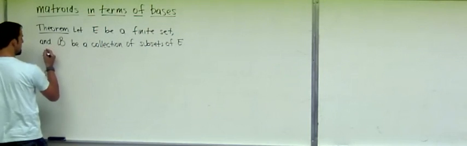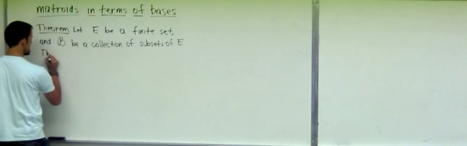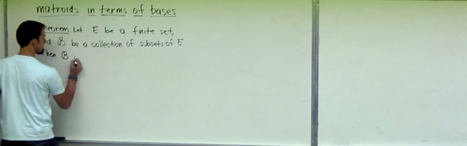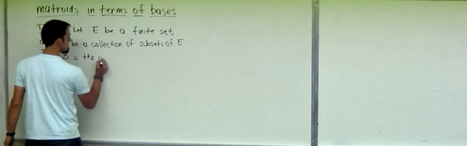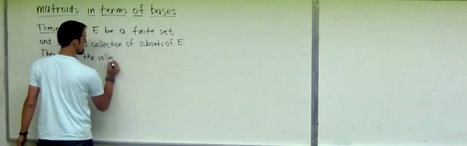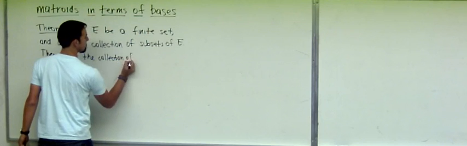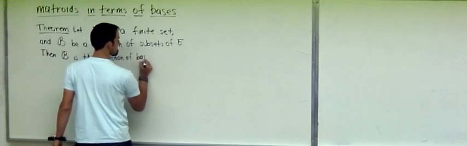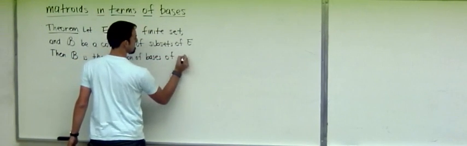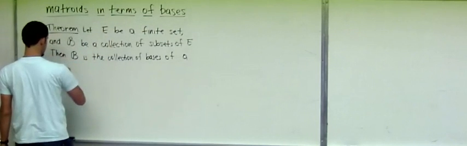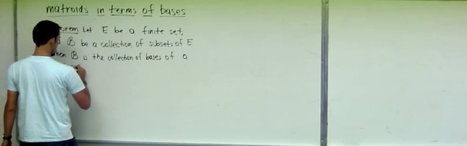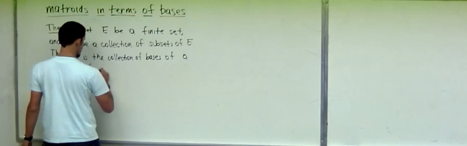Then the theorem is this: B is the collection of bases of a matroid if and only if two conditions hold.